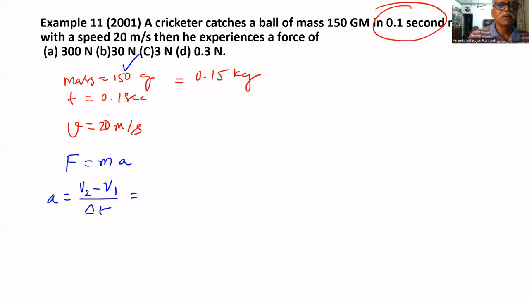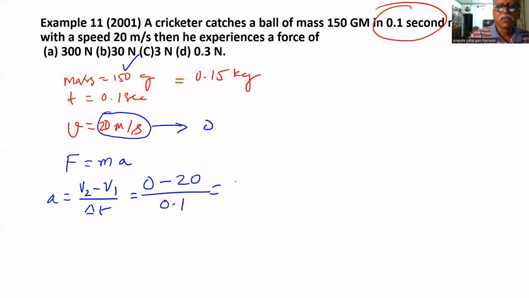The ball is coming at a speed of 20 meter per second. After catching, its velocity becomes zero. Therefore, initial velocity is 20 meter per second, final velocity is 0. 0 minus 20 divided by 0.1 second, therefore minus 200 meter per second square.